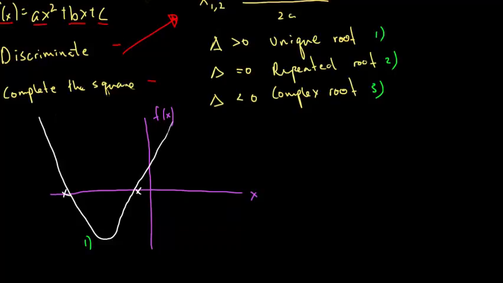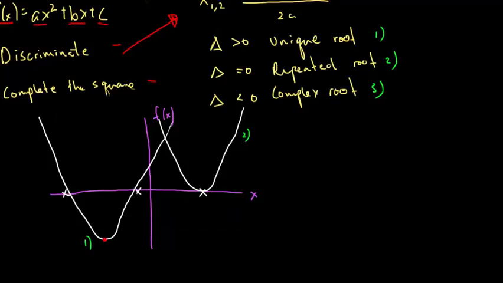Or you could have a repeated root, which means that the vertex, the tip of the parabola, only touches one point on the x-axis. So it could look something like this. This would be number 2.